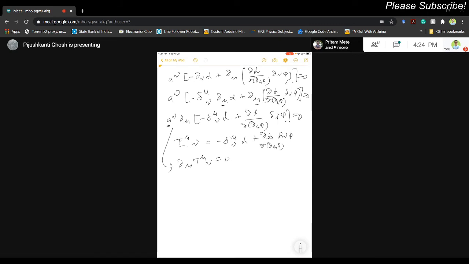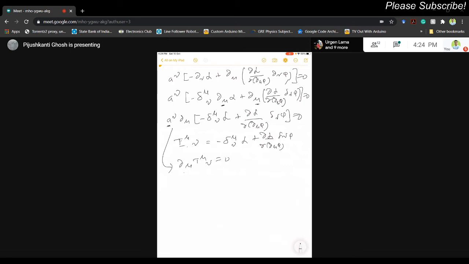If a^nu is arbitrary, that means whatever is multiplied with this a^nu must be equal to 0 in order to satisfy the equation, because on the right hand side we have only 0. So del_mu and the expression inside the square bracket I have defined as T^mu_nu.